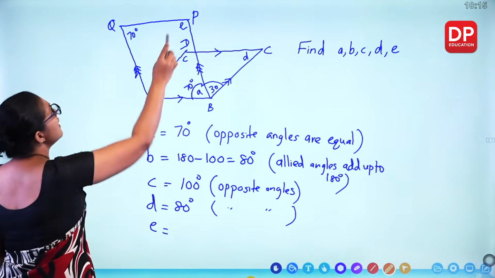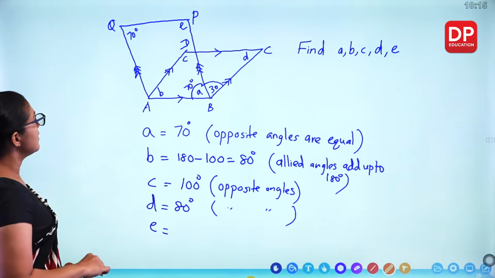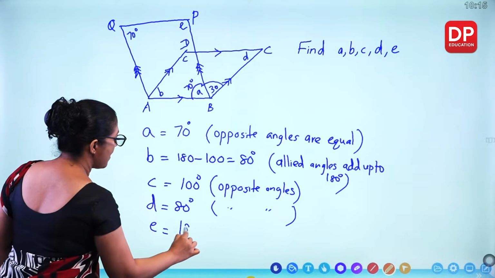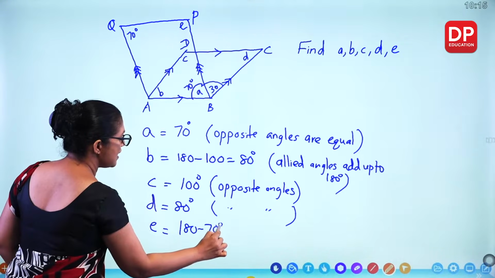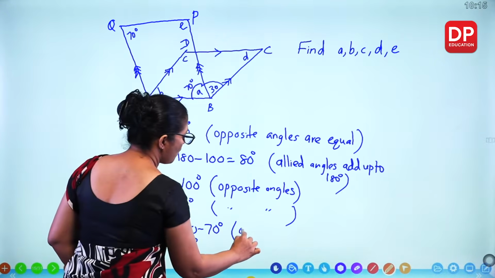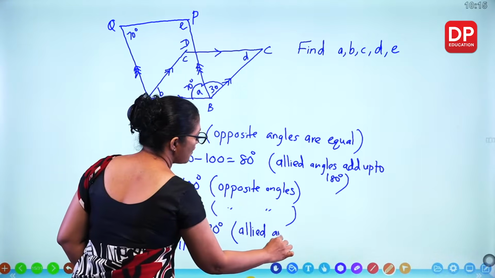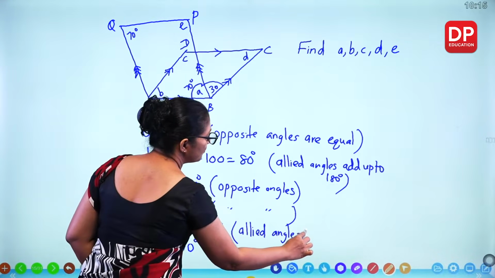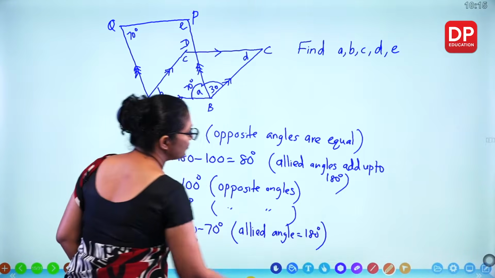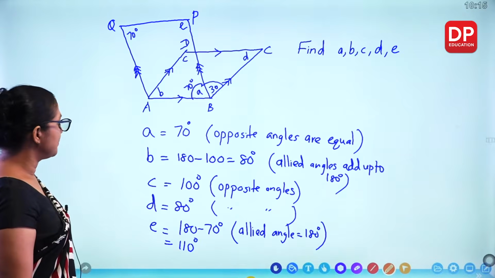E is the allied angle with this 70-degree angle. I can write 180 minus 70, that's 110, because allied angles add up to 180. So we found all 5 angles.